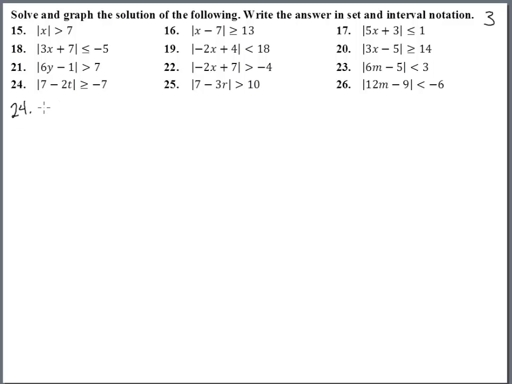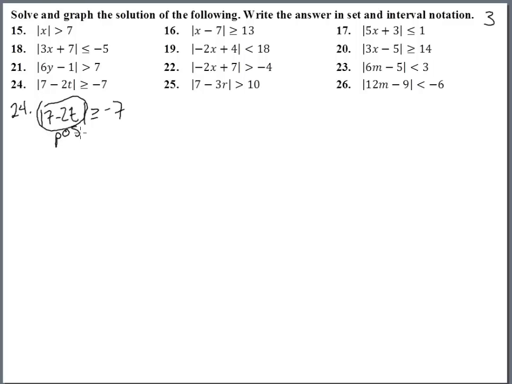Number 24, absolute value of 7 minus 2t greater than or equal to -7. Again, something's going on with this. We have a positive number over here. Is it always or never bigger than or equal to -7? It's always, no matter what you stick in here, and you can give it a shot. Stick in 17 or 39 or -50,000.